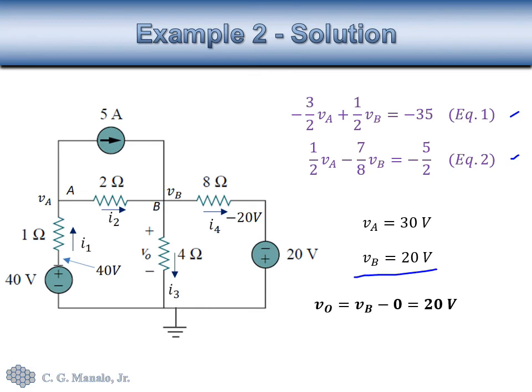That should give us V sub A as 30 and V sub B as 20 volts. And V naught, which is the required unknown, must be the potential here, which is V sub B minus the potential there. So that is V sub naught.